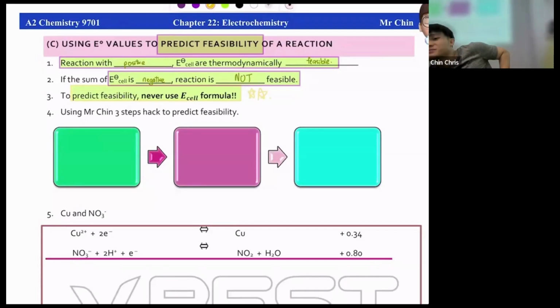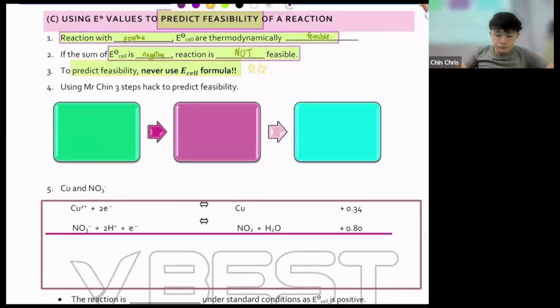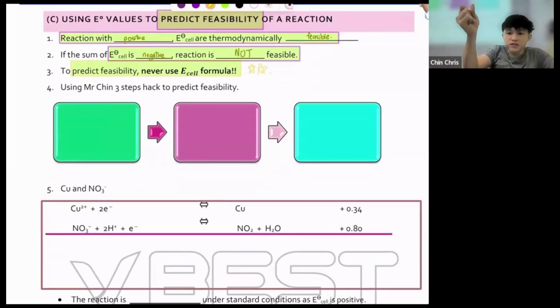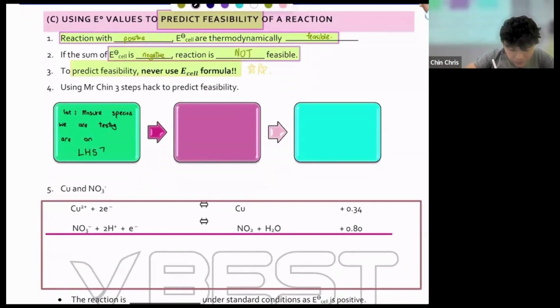Right, guys, now we have a 3-step hack here. To predict feasibility, guys, first, the most important step, ensure the species we are testing are on the left hand side. Okay, the species that we are testing must be on the left hand side, must be.